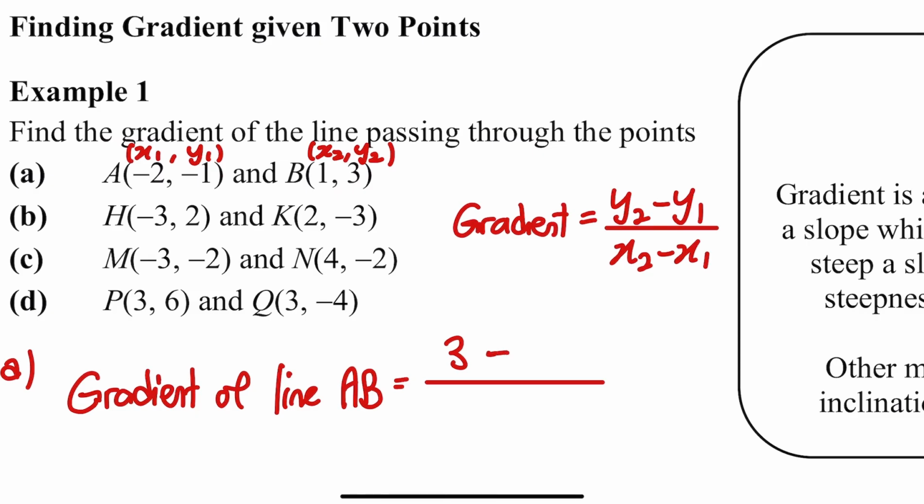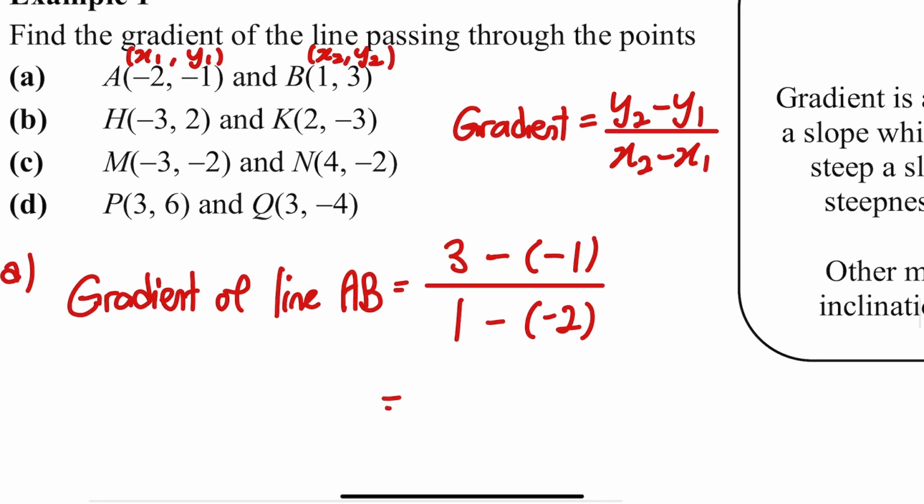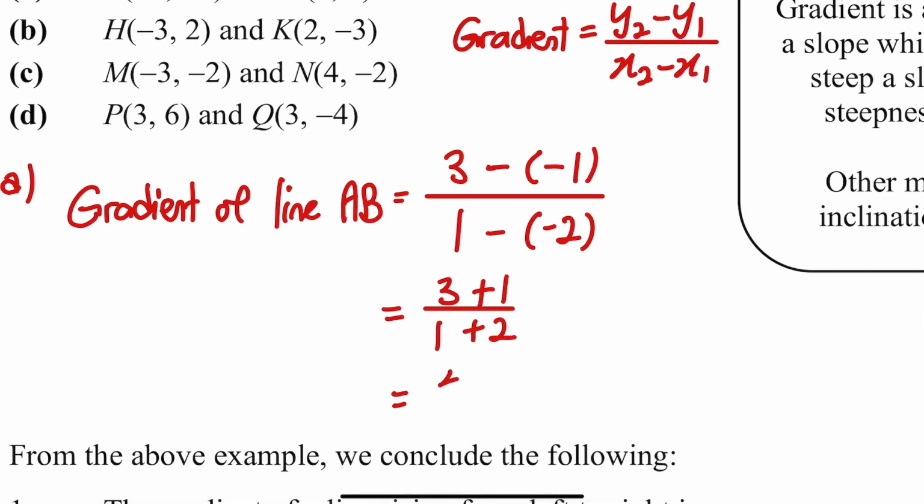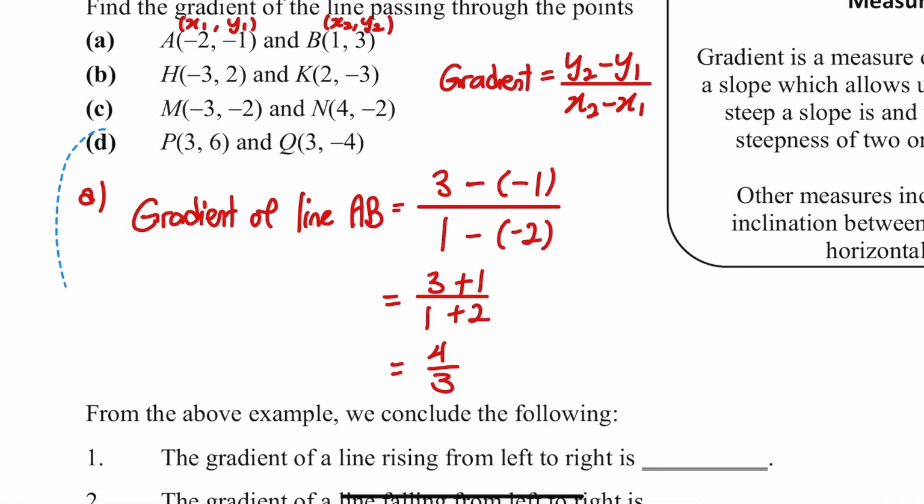Take note, this is a minus, then minus away negative 1. Same thing over here: x2 is 1 minus negative 2. Then I simply evaluate this. This is 3 plus 1 over 1 plus 2. Final answer is simply 4 over 3. This is for part A.